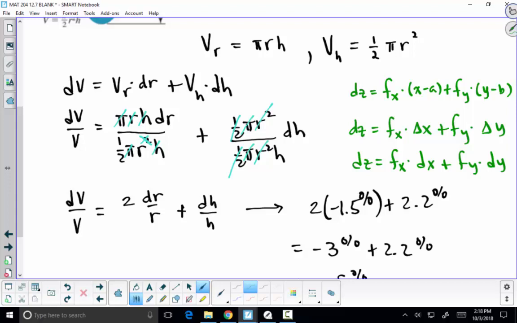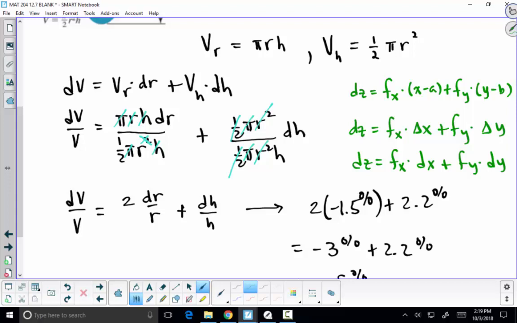By definition, the independent increment and differential are the same, but up here, the dependent differential is approximately equal to delta y. They're not equal. But in this case, h and r, or x and y, are both independent variables. The only dependent variable is z. So this right here is the change in x, the change in y. Those are exact changes, but they're independent variables, so delta x and dx are the same, delta y and dy are the same. So that's why we can change it to a differential.